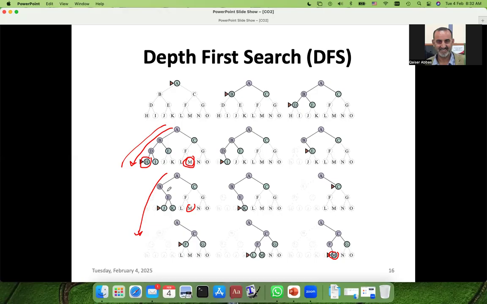So that's why we are saying that DFS will go up to the maximum depth of the state space.